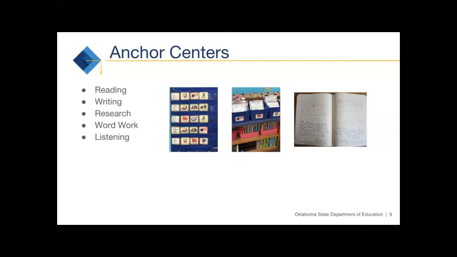So reading center, we always want them to have access to books. Even if we have little friends that are not reading, they can always be looking at pictures. You can make class books so that they can look through them. Writing, I always suggest multiple types of paper and cards and post-it notes if you have them, so they can make lists.